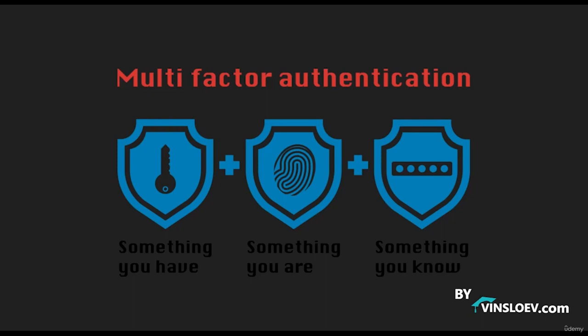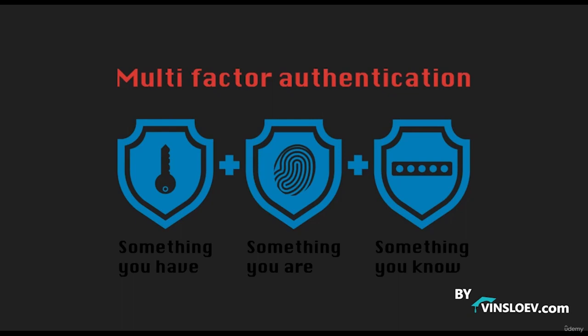And then we have something you know, which is our usernames and our passwords. The one authentication factor that is most known to all of us is something you know, because password and username have been around for many years, and that has been the main way that we authenticated to something.